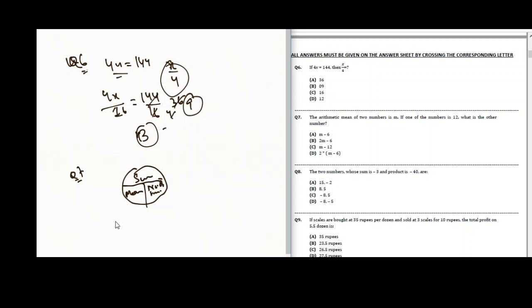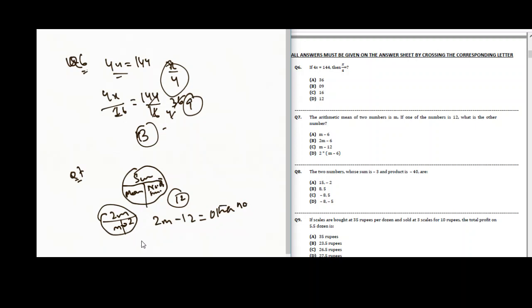The mean is m, the number of terms is two, so the sum is equal to 2m. If one of the numbers is 12, then 2m minus 12 would be the other number that is being asked.